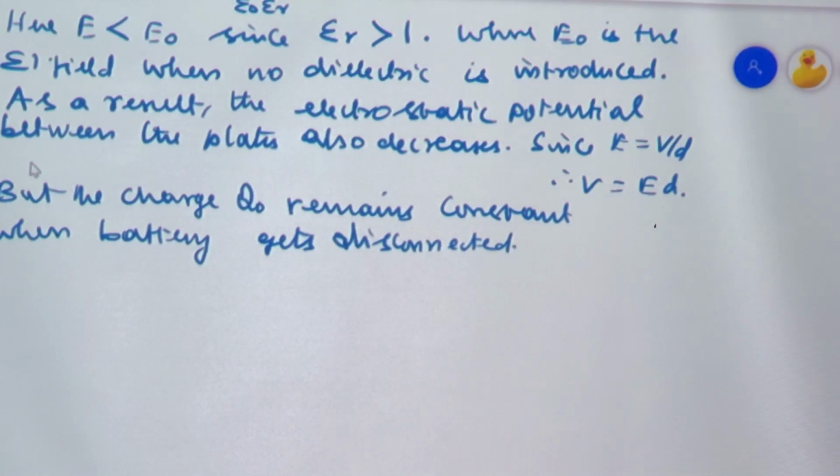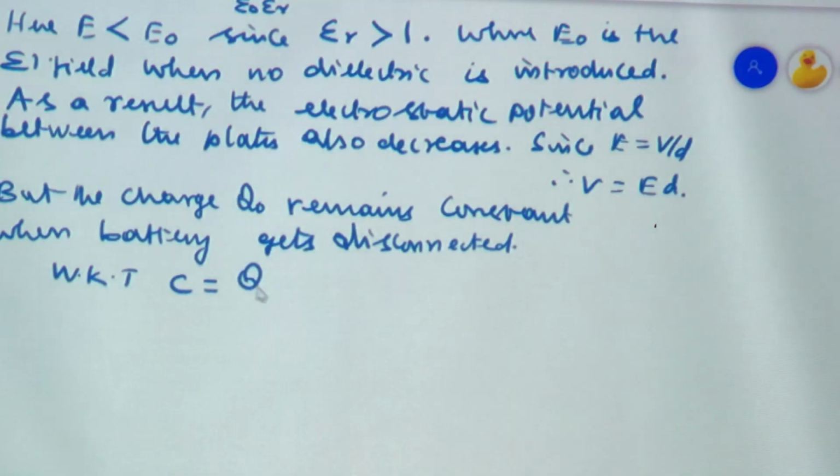Therefore, first of all, let us find the value of capacitance. We know that the capacitance C is equal to Q divided by V. Instead of Q, we can write Q0 by V. But what is this V? We have told that V is equal to E into d.